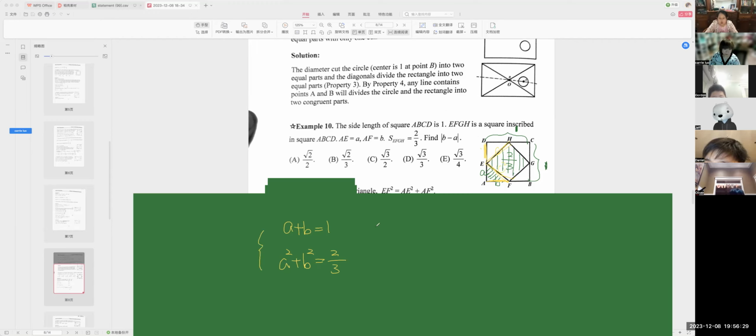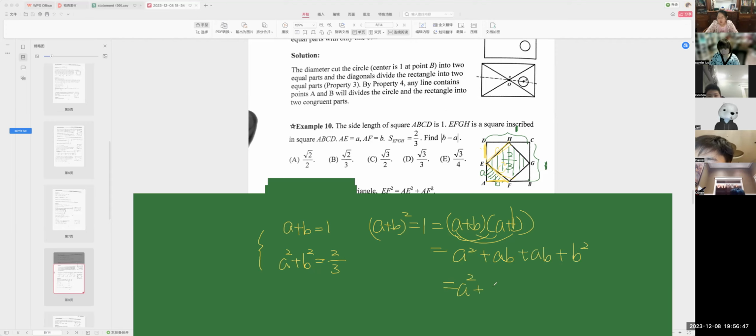So we have a plus b squared equals 1, equals a plus b times a plus b, equals a squared plus ab plus ab plus b squared. So it's a squared plus 2ab plus b squared, which still equals 1. So we have a squared plus b squared equals 2/3, so 2ab equals 1/3.